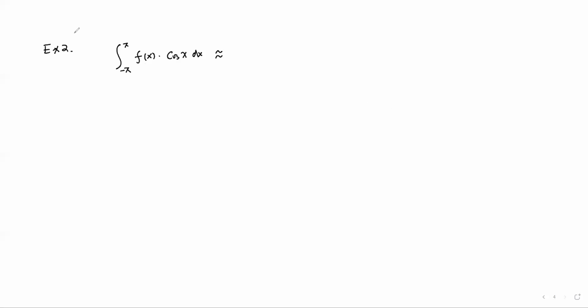The integration interval is negative pi to pi. Let me pick the first node, -3/4 times pi. Okay, this is x0. Now the function value at this node, the coefficient is A0.